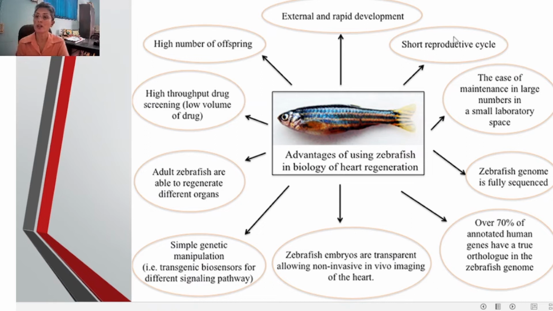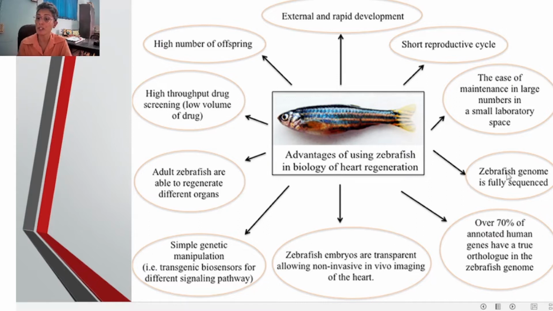It is easy to maintain in large numbers in a small laboratory space, because it is only 3 to 4 centimeters in length. A small aquarium can be utilized, and in a 10 by 10 room, with stacking-type aquarium systems, we can deal with a number of experiments and maintain a number of zebrafish.